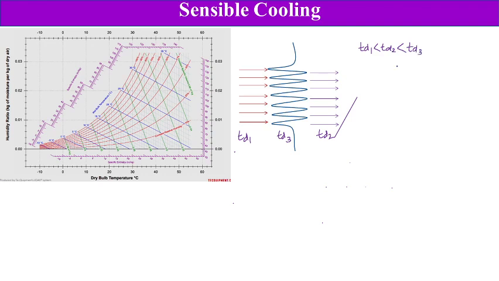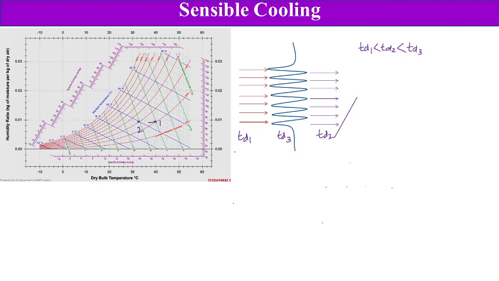So the temperature of air entering is the greatest, whereas the temperature of the coil is the lowest, whereas the intermediate temperature TD2 is the temperature of air leaving. So now again we can show this process somewhere here, point 1 to point 2.